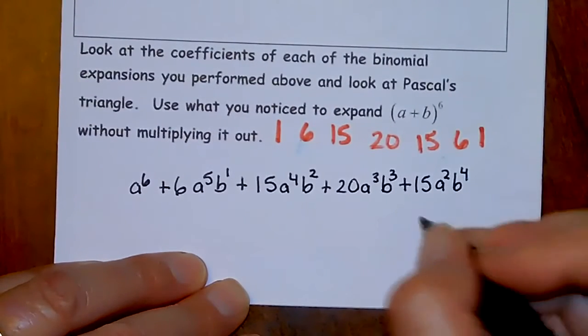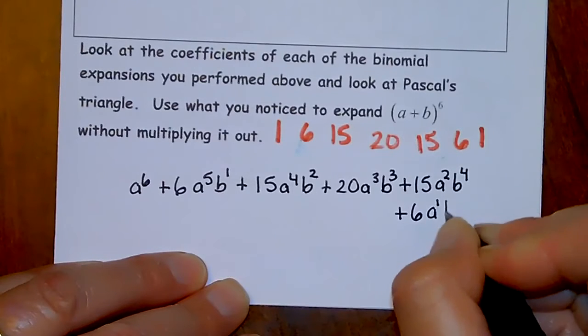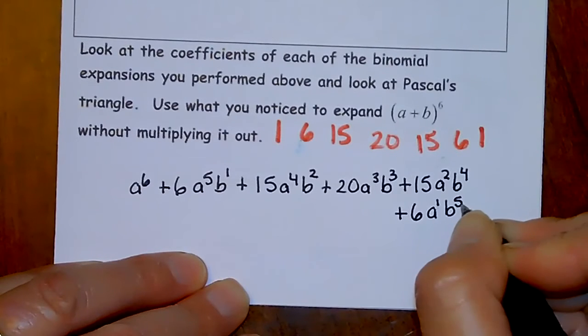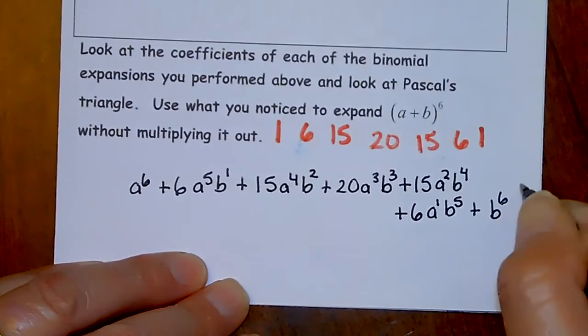And let me write this down here since I'm running out of space, plus 6, A to the 1st, B to the 5th, plus my last one is B to the 6th.